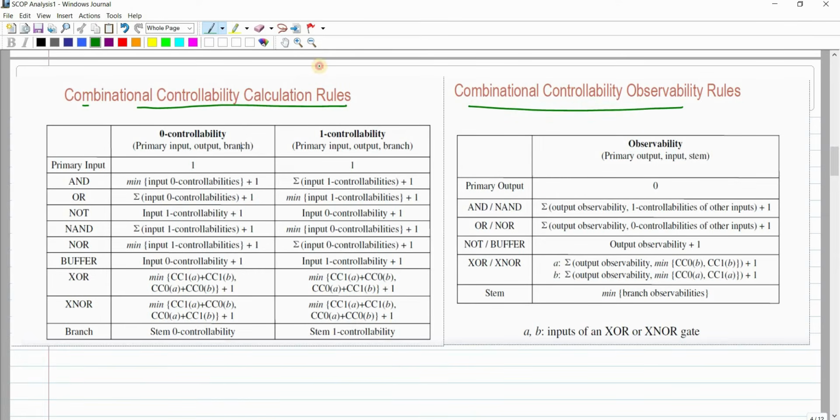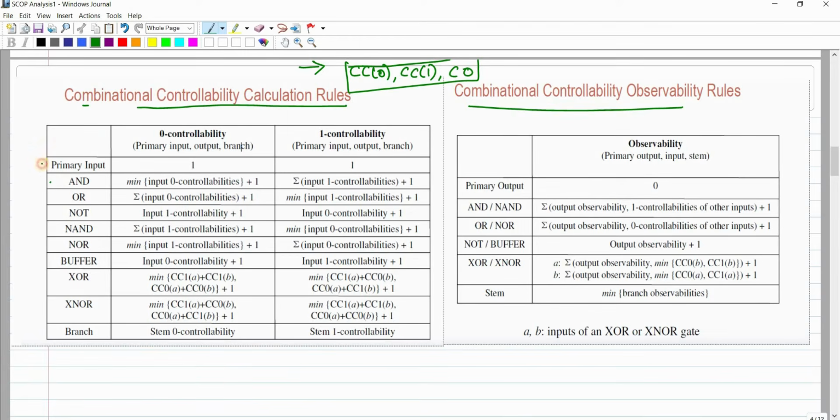In this particular video, I am going to concentrate only on how to calculate combinational controllability and combinational observability for a given logic circuit. I am not going to discuss sequential controllability and sequential observability. In this video we are going to become familiar with CC0, combinational controllability of 1, and combinational observability. Only these terms we are going to discuss. So let's see the rules.